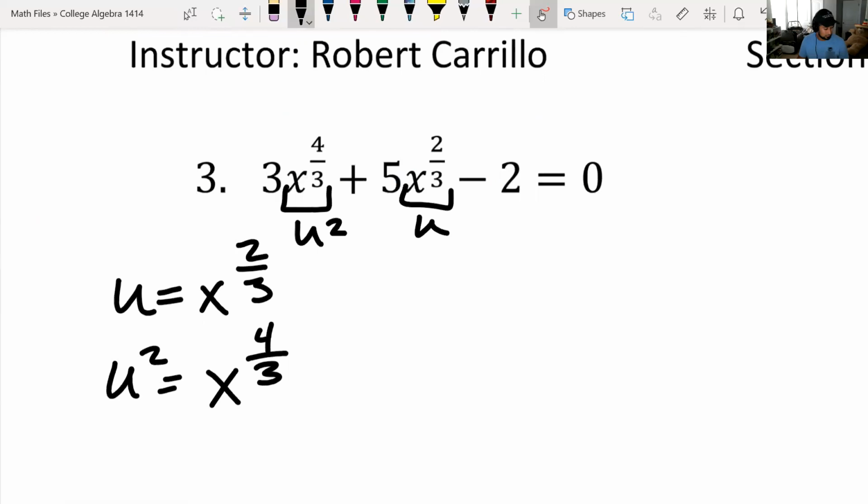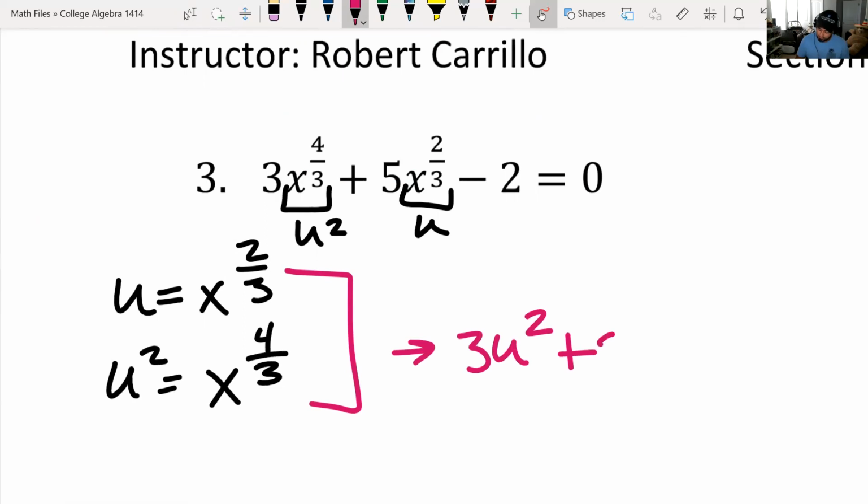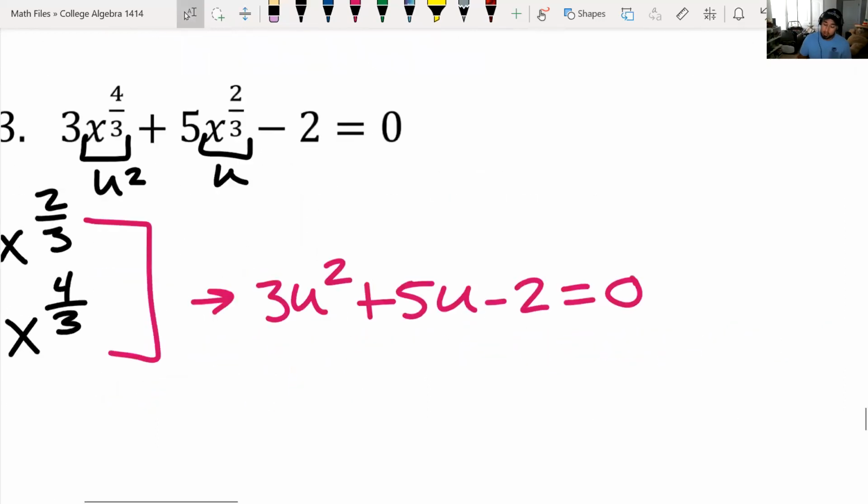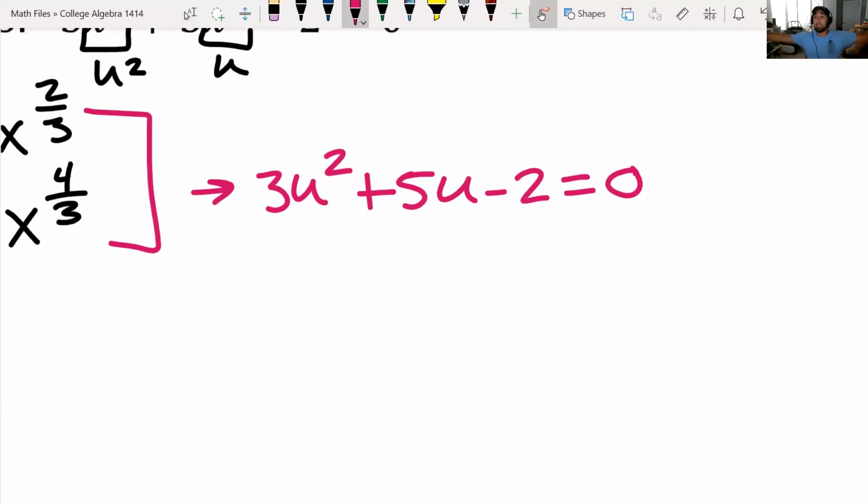Easy. Rewrite. 3u squared plus 5u minus 2 equal to 0. Okay. And now it's in an easier format. We can factor it, and let's hope it's factorable.